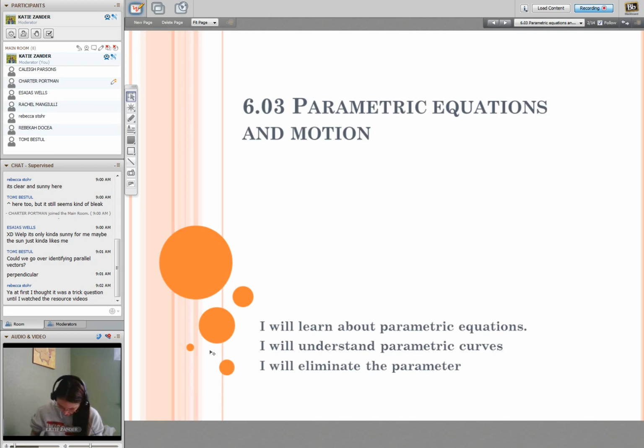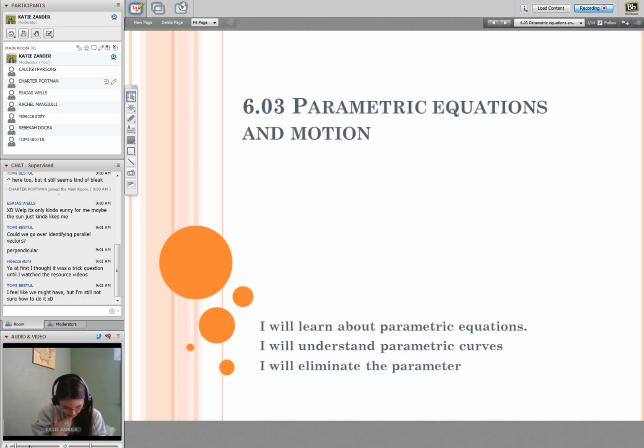Did we talk about parallel ones? I'm not sure if we did. I don't actually see it addressed in the book at all.